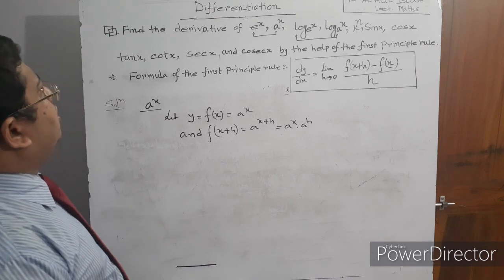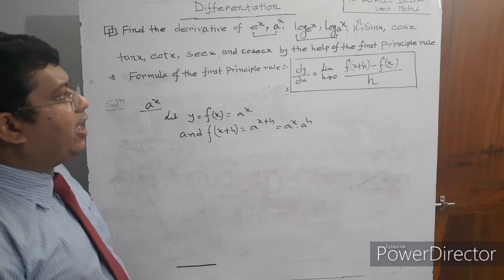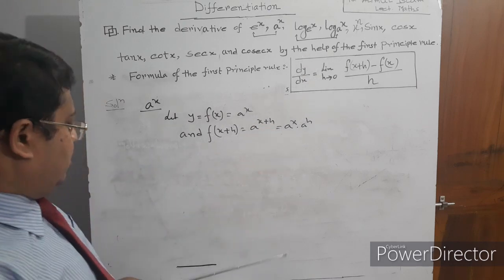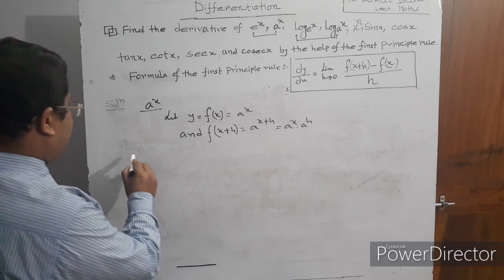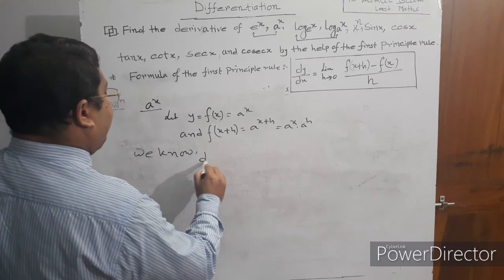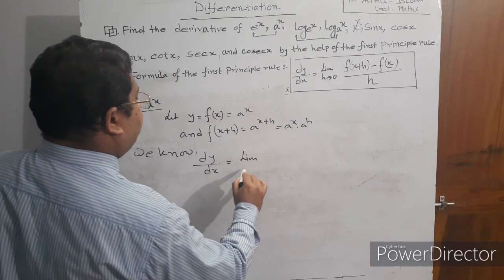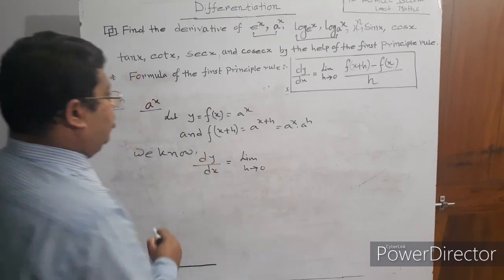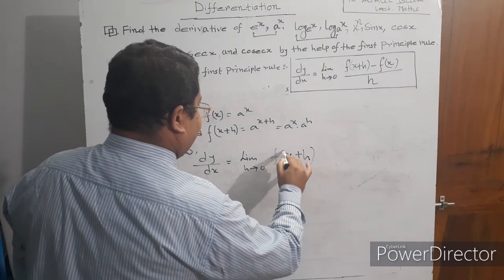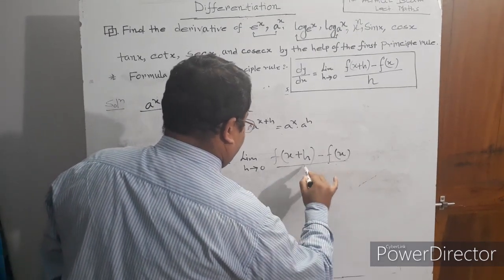Now, you have to find the derivative of the exponential function a to the power x with the help of the first principle rule. We know the first principle rule: dy by dx is equal to limit h tends to 0, function of x plus h minus function of x, divided by h.